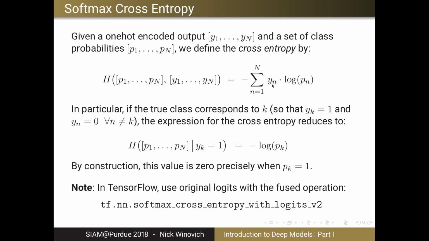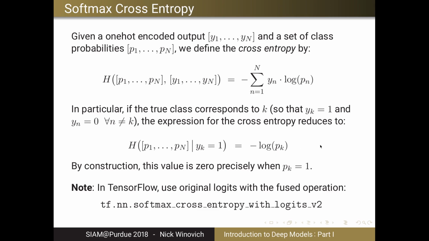So basically, we scale the negative log probabilities by whether or not that particular probability corresponds to the true label. So in reality, there's only going to be one non-zero y value in this case. So it will reduce, in the case that the label is k, to just negative log of that probability value.